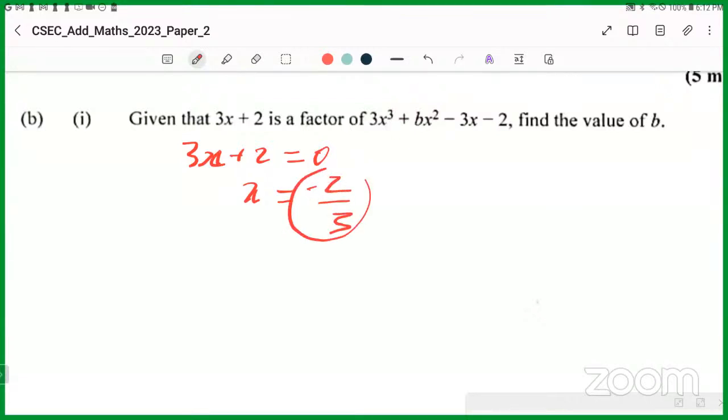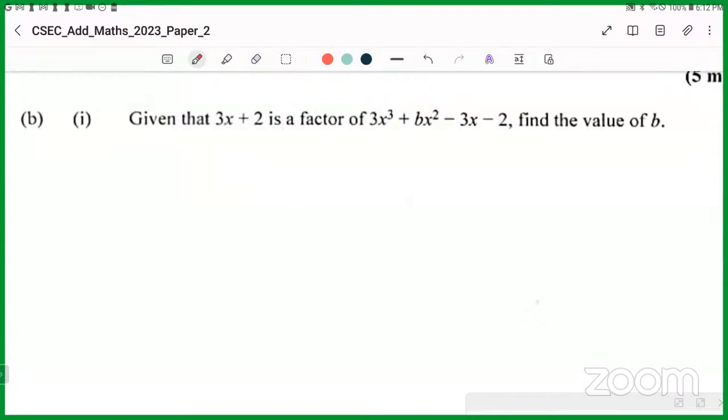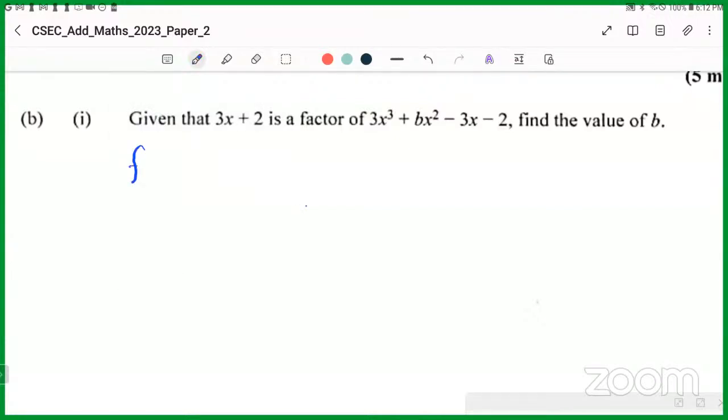This is the A. So f of negative 2/3 equals 0, right? Based on this information, f of negative 2 over 3 is equal to 0.